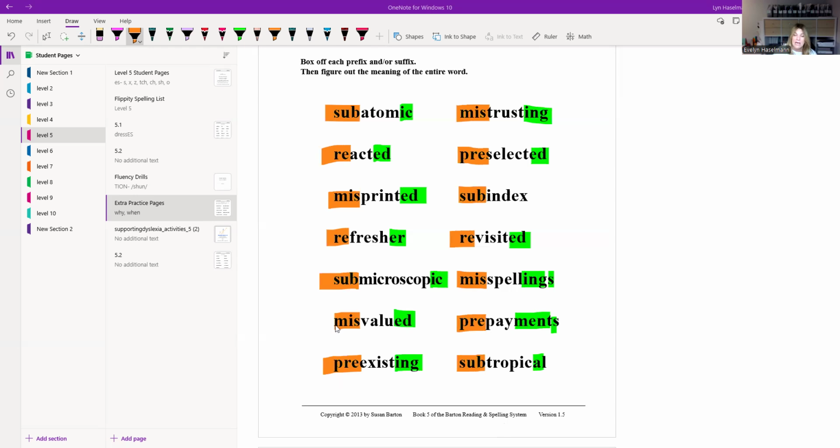If your student says micro is a prefix, they're not wrong. They just haven't been taught that yet. So in the word submicroscopic, I would just have them highlight sub because that's the only prefix that I've taught them. But if they're advanced or if they already know that micro is a prefix and then scope or scopic would be your base word, that is great.